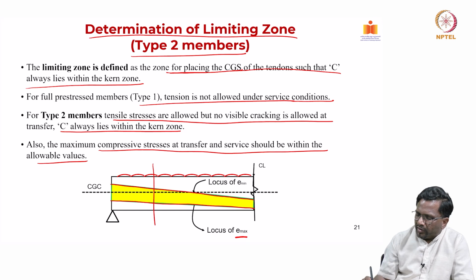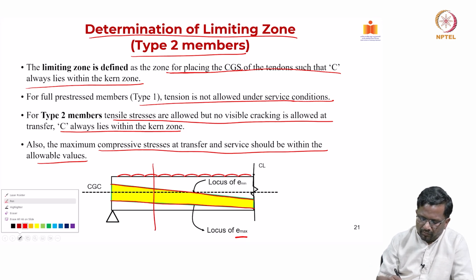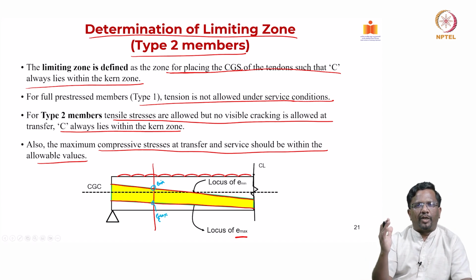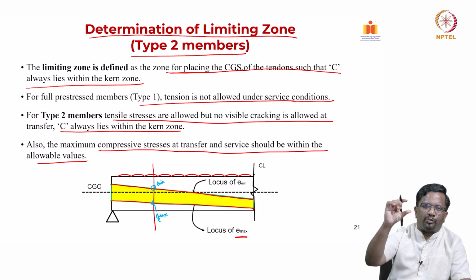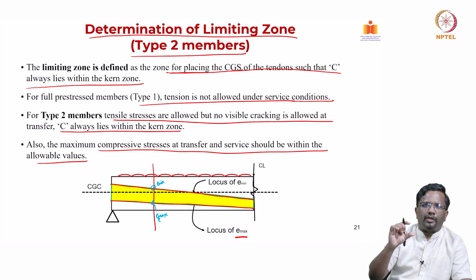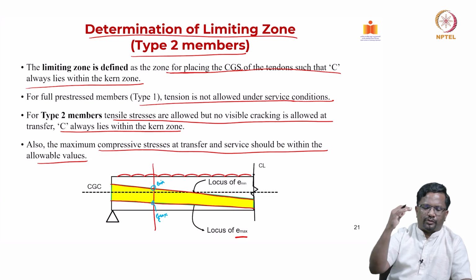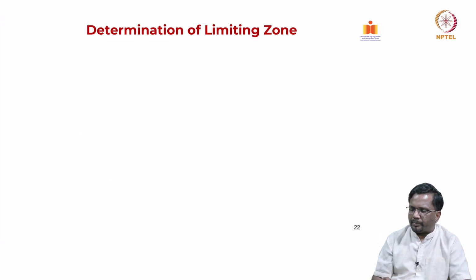So if I take one section, this value is your E min, and this value is your E max. So at any section you will have one E max value and E min, within which I have to put the strand, then only the C will always be within the kern zone. Okay, that's what we are trying to say.